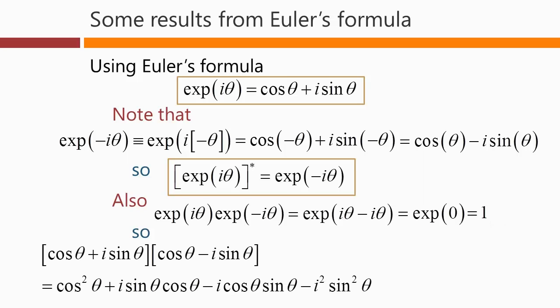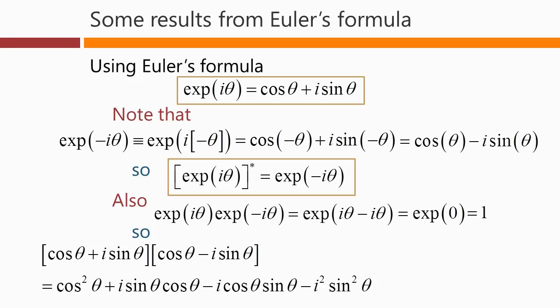So, if we look at this product here, exp of i theta times exp of minus i theta, we're going to be able to use this result to prove a very standard result in algebra of trigonometric functions, just as an example here. So we can write this one out as cos theta plus i sine theta. We can write this one out as cos theta minus i sine theta. So multiplying the two of these together, we get cos squared theta. We get i sine theta times cos theta.